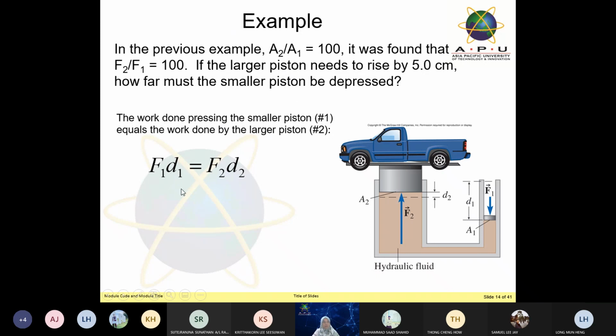D1 equal to F2 per F1 times D2. F2 per F1 already stated here, 100, times D2. D2 is 5 centimeter. Since D2 is in centimeter, leave D1 also in centimeter.